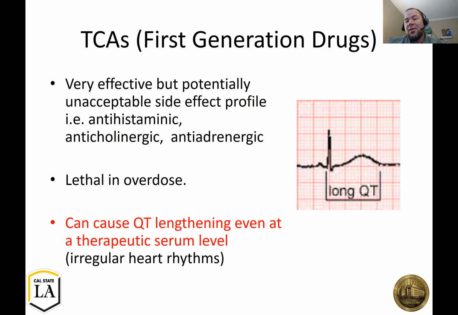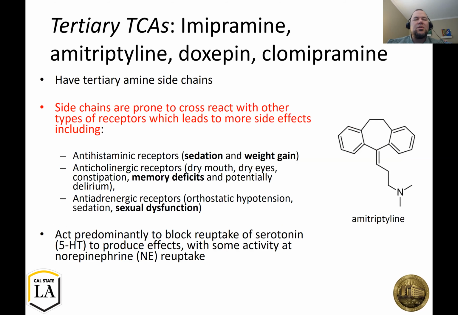The lethality of the tricyclics relates to irregular heartbeats, prolonging the QT interval, which is a pattern of heart rhythm, and creating a prolonged QT, which is irregular and can cause some pretty bad side effects and death. Some of those tertiary tricyclics were imipramine, amitriptyline, and doxepin, for example.